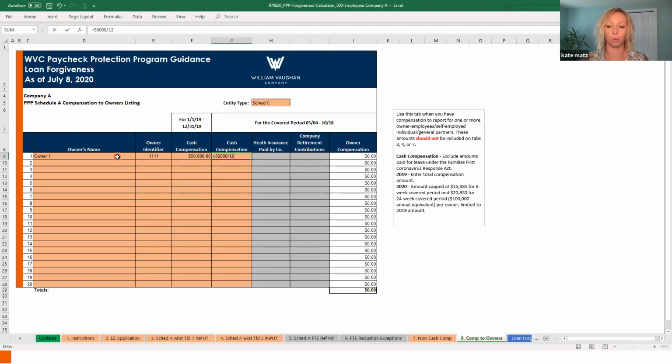So we'll divide by 12 times 2.5. That gives us the 2.5 months worth of 2019 business income. And that's the way that they're looking at what is a reasonable amount to assume as a compensation replacement for Schedule C folks during that covered period.